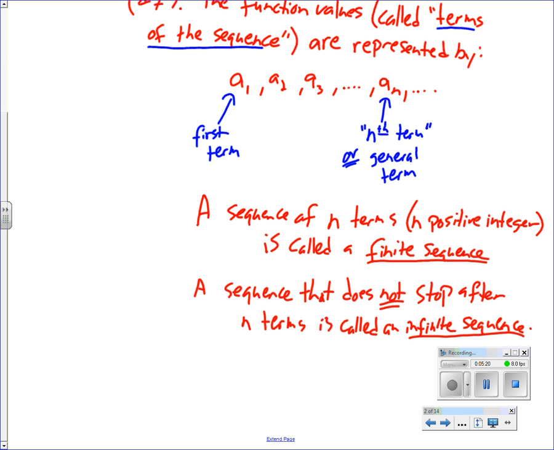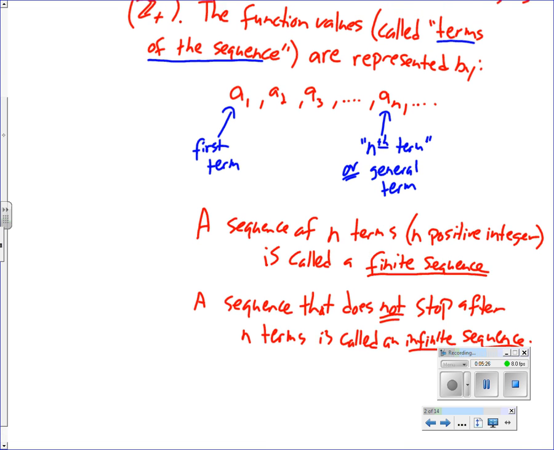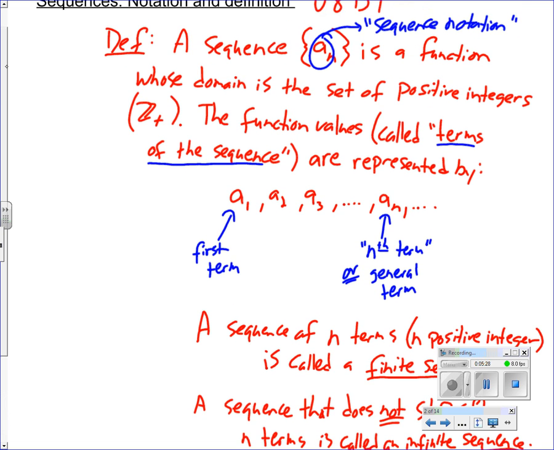Before we move on to the next page, to talk about generating terms of a sequence, there's one piece of notation you also want to go over, which is this Z plus we used to represent positive integers. This is a shorthand notation. There are some shorthand notations you might see used in your other math courses to represent different kinds of numbers.